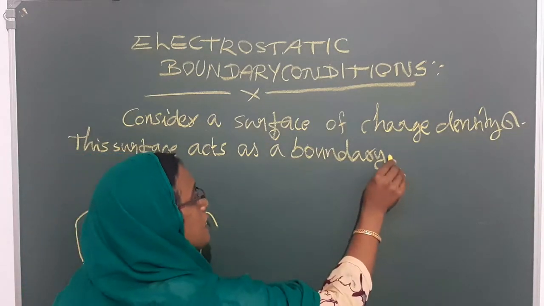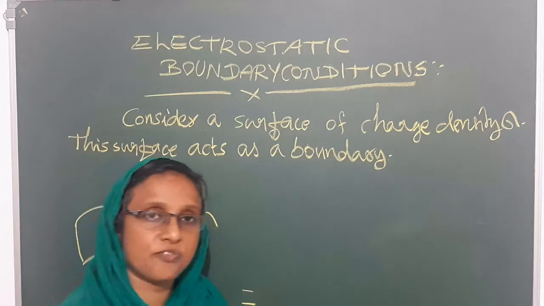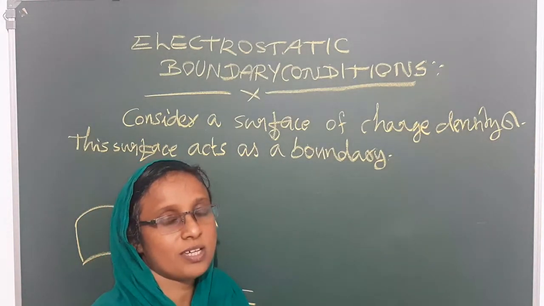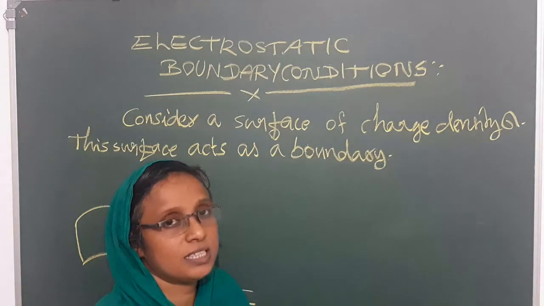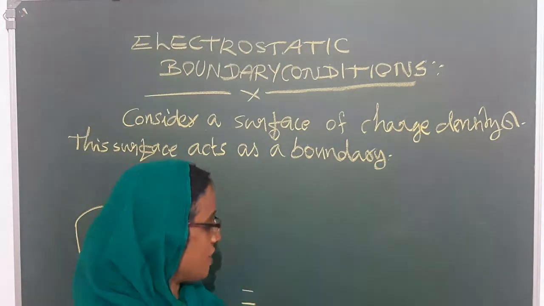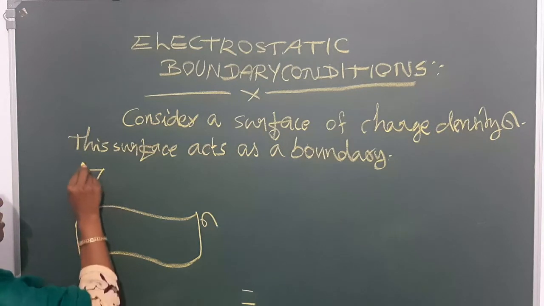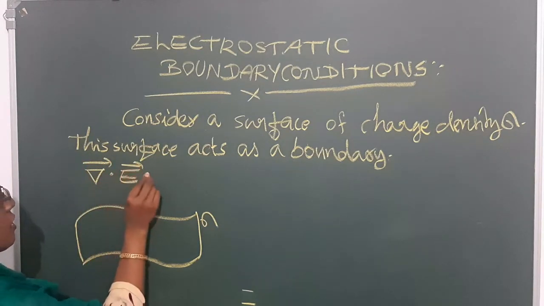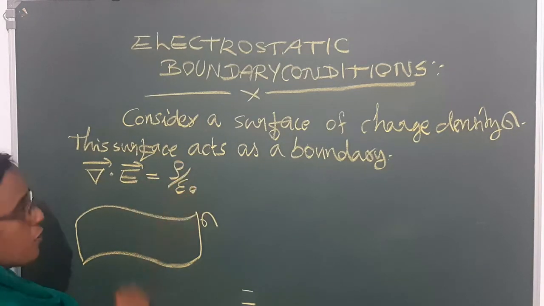Now, we already learned about the properties of the electric field using two equations: the divergence of the electric field and the curl of the electric field. We learned del dot E equals rho by epsilon 0.